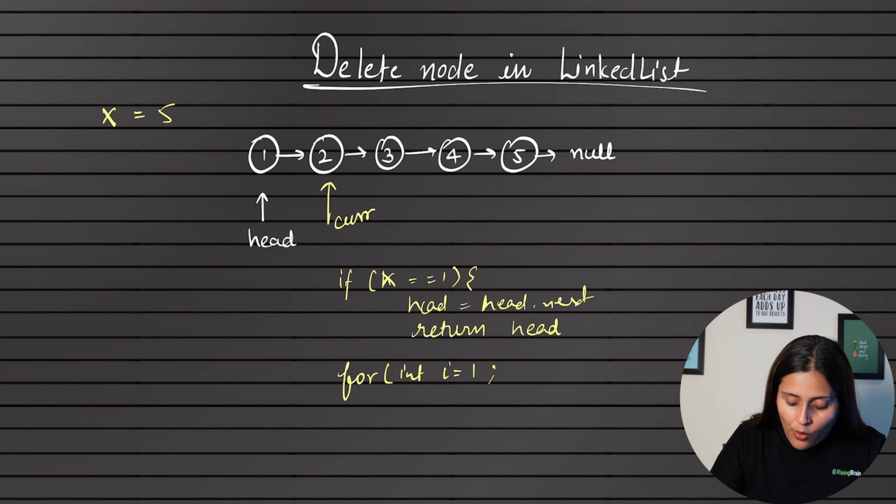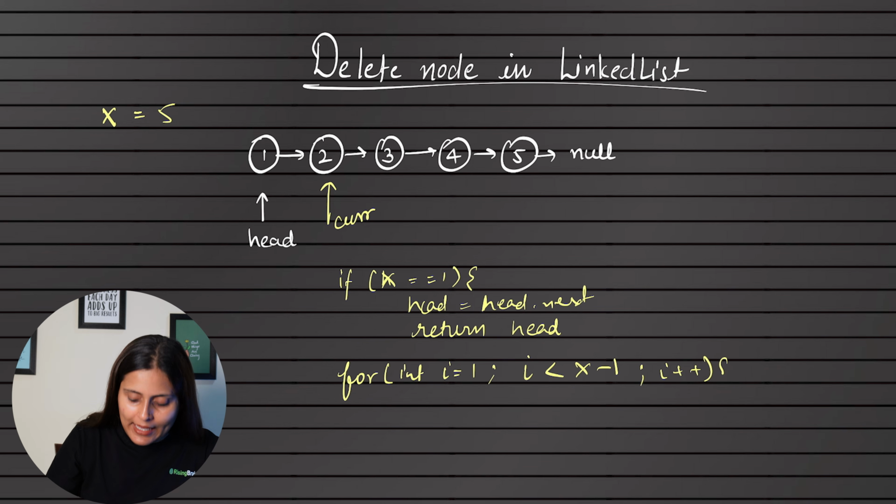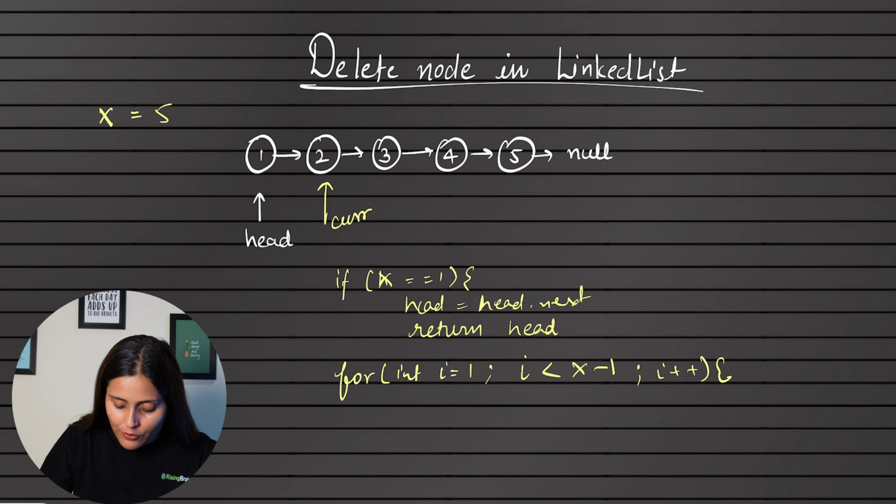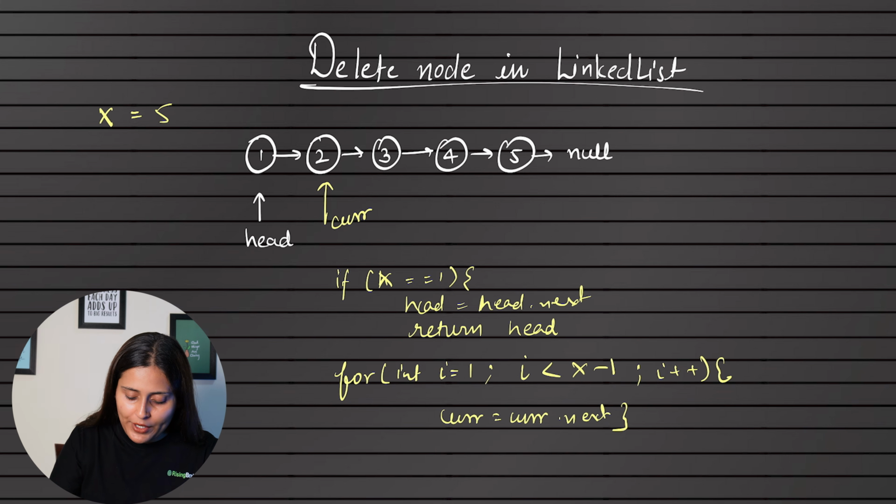And how many jumps do you want? Remember x minus 2. So your i should be less than x minus 1, which is anyhow less than or equal to x minus 2. I hope you get it. Now i++. I showed whichever way you like, with a while loop or a for loop, you can write. In this loop you just have to write current is equal to current.next, because you just have to move your pointer ahead.